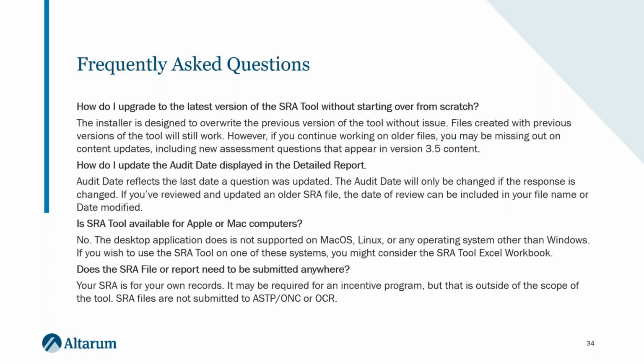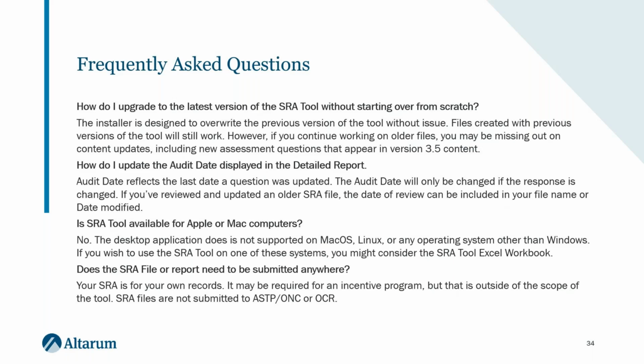I will say that one of the features that Dawn just mentioned, the cover reports, you may have noticed that there is a date included on those, and that will use the current date, I think the date that you export the report. So, if you're printing out results, you're trying to share the results of your risk assessment, even though the audit date for some of those individual questions may be a little bit older, that cover date on the report is really signifying that you reviewed all those questions as of this date, and you're confirming that this report is accurate as of that date that you printed out the report.